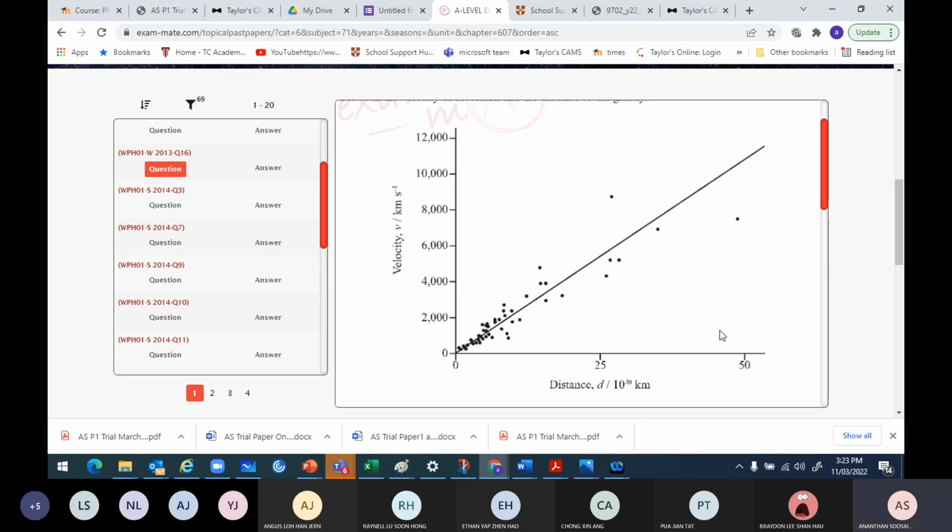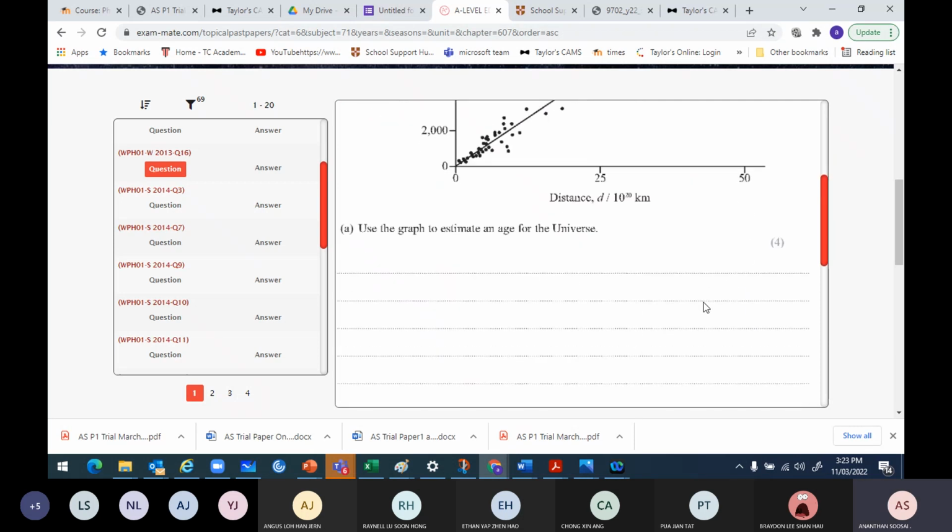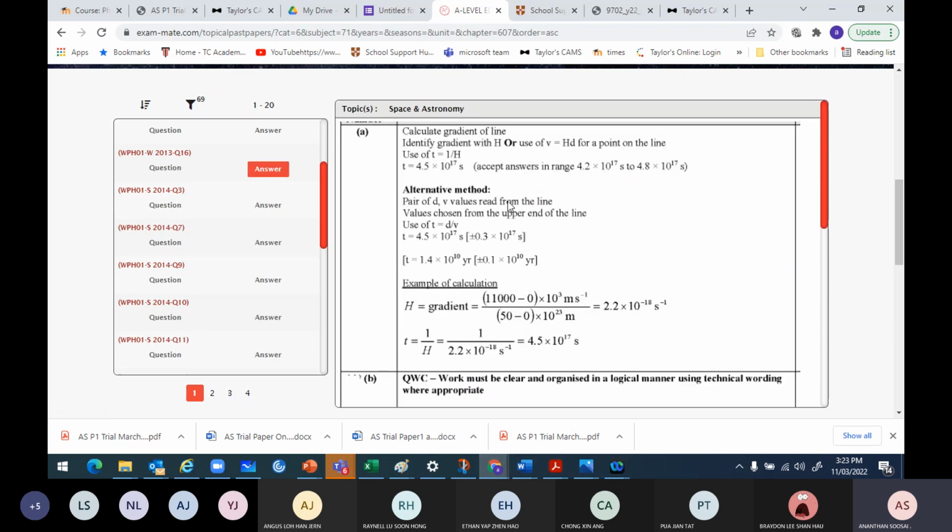The gradient, right? Yeah, good. So you find the H naught from this gradient. It's 4 marks. So first you say the gradient is the H naught. Then of course, don't go straight to the t. So calculate the gradient of the line. Identify that V equals H naught d. So the gradient is H naught. Then t is 1 over H. Yeah, so you get the time.